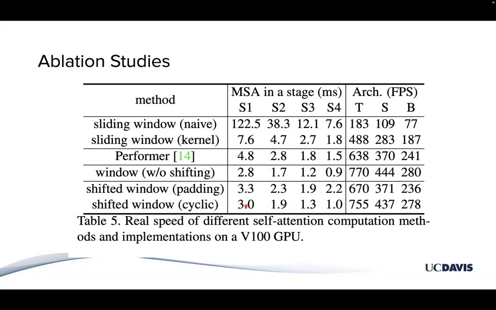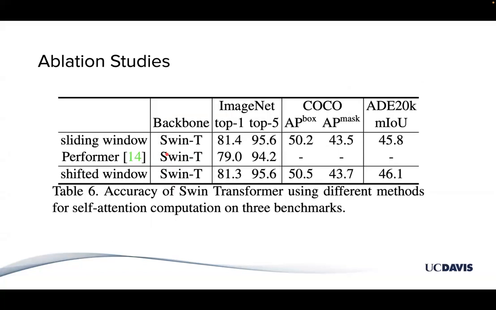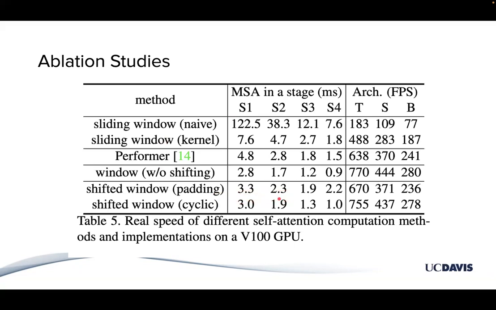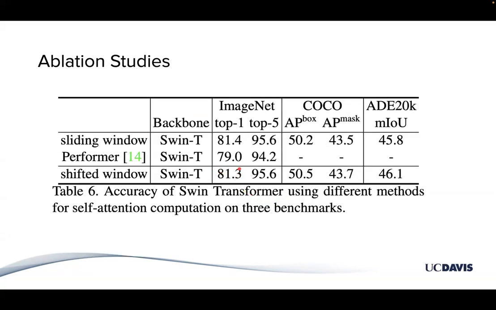It's very little compared to using these other methods. And finally, they conducted ablation studies on sliding window and shifted window. The previous one is time taken, latency, and this is the accuracy. They measured that shifted window accuracy is comparable to sliding window, but since it has less latency, this model is preferred in this paper.